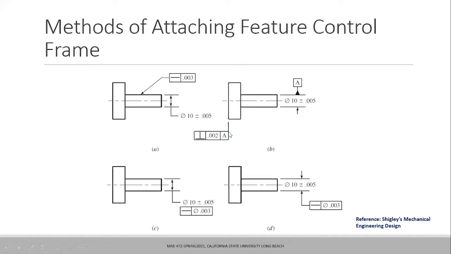It is attached to the extension line of this edge, and it says that this face of the cylinder, or the head of the pin, has to be perpendicular. This is the perpendicularity symbol, perpendicular to the axis, which is the datum A, by a tolerance zone of 0.002. So the perpendicularity of this face has to be within a tolerance of 0.002.